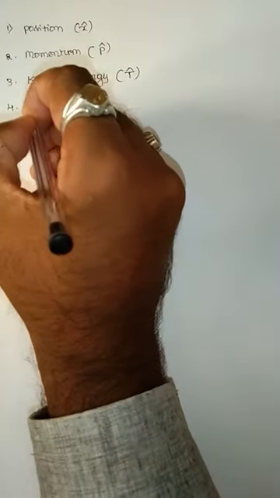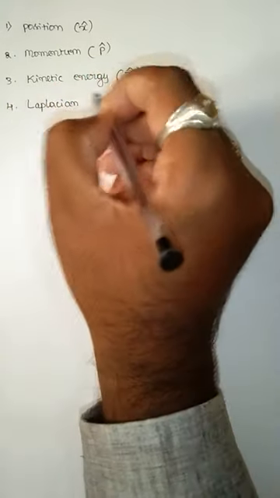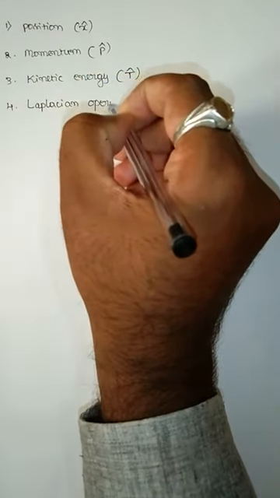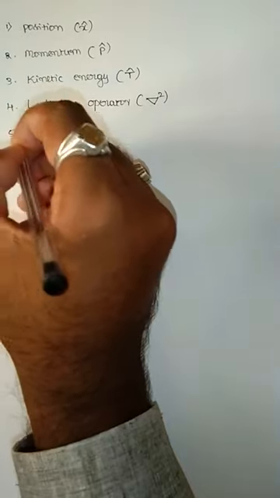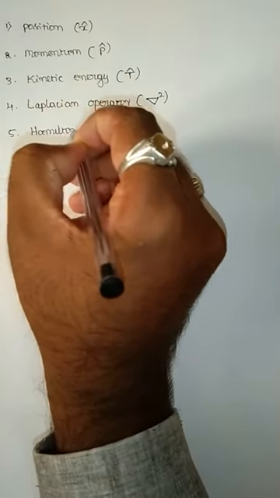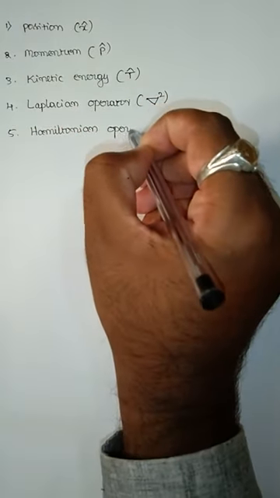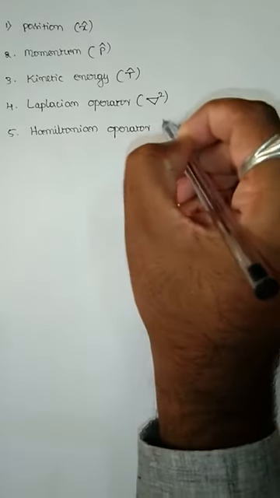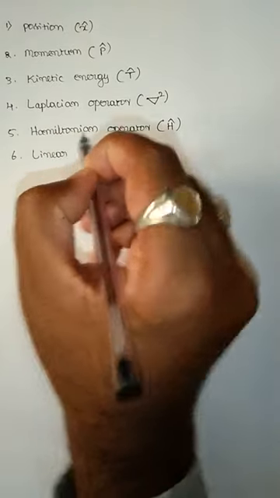Most importantly, the Laplacian operator, indicated with the symbol del square. Number 5, the Hamiltonian operator, indicated with the symbol h cap. And at the last, we shall say a bit about the linear operator.